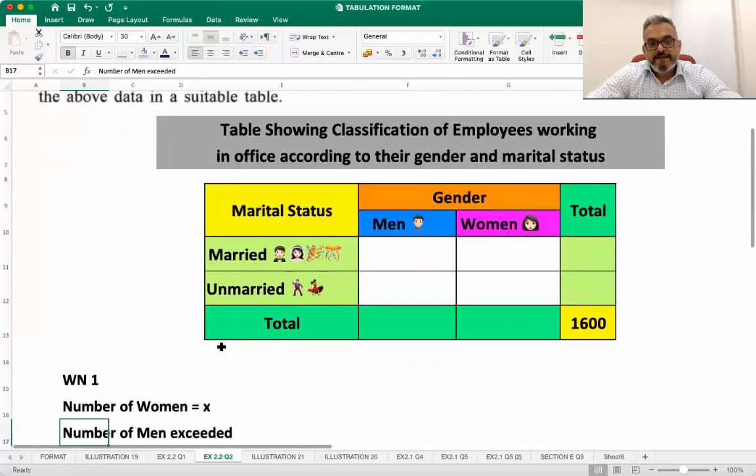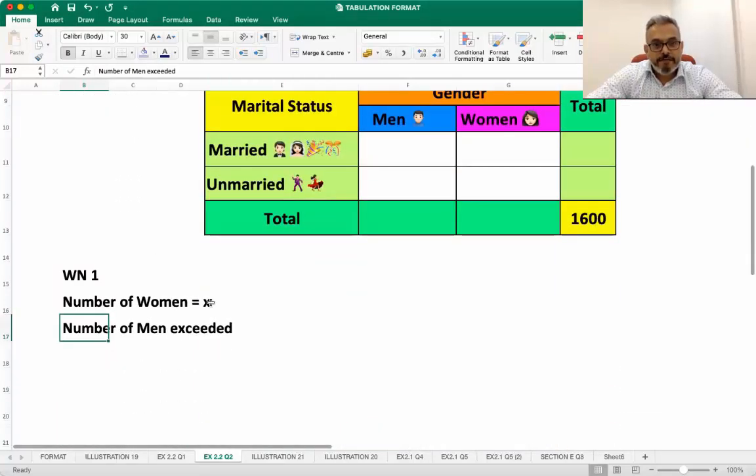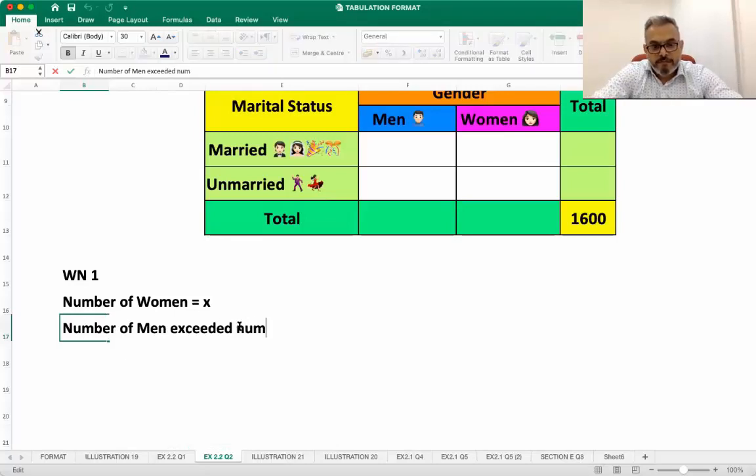Number of men exceeded number of women by 15% of the total employees.